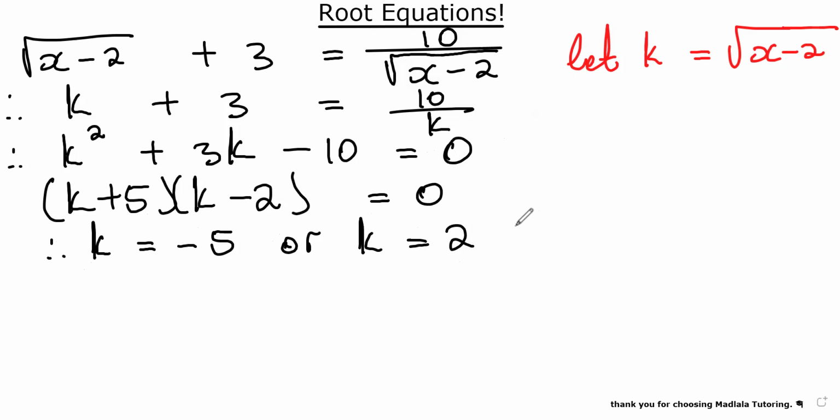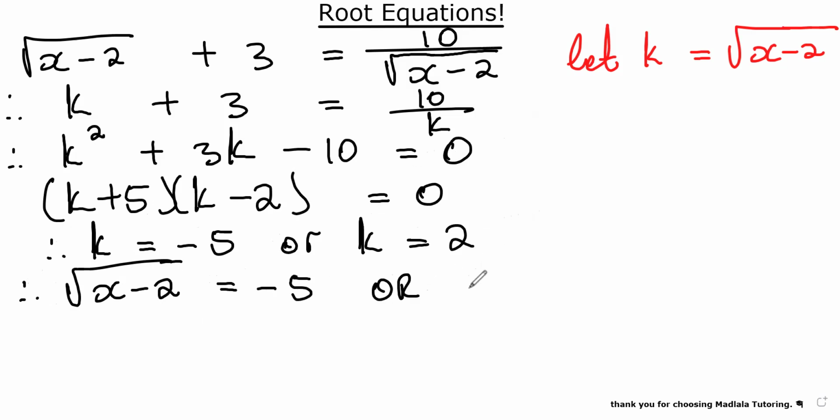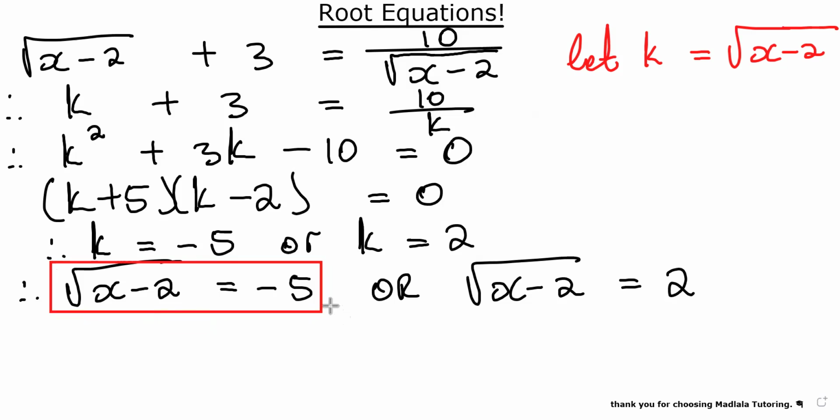But what is k? Well, k is actually the square root of x minus 2, and this is equal to negative 5, or k, which is the square root of x minus 2, is equal to 2. You realize that this is a red flag.